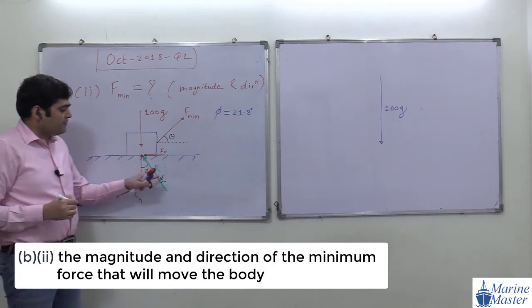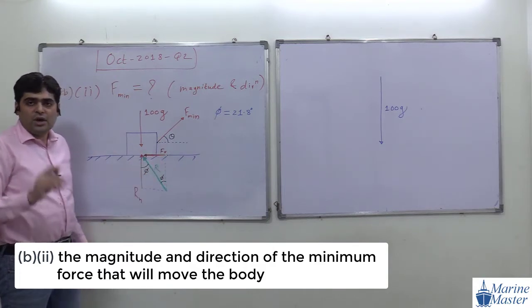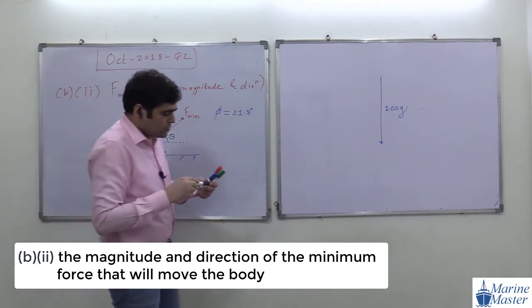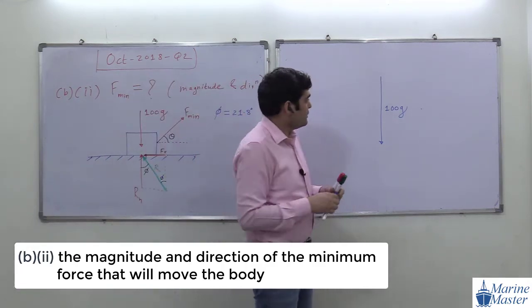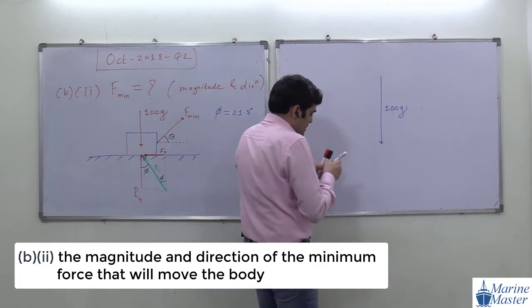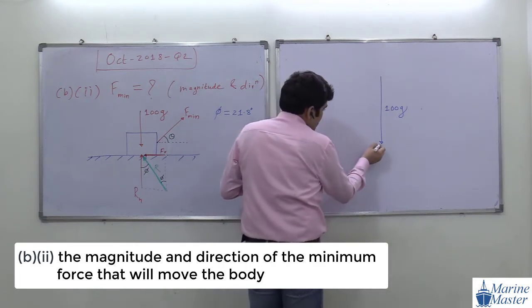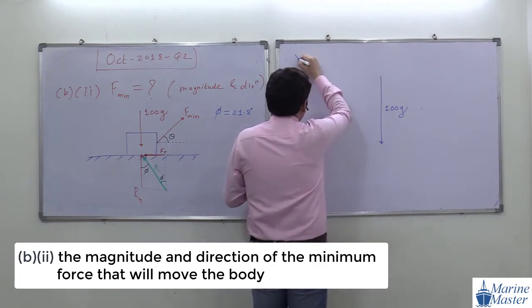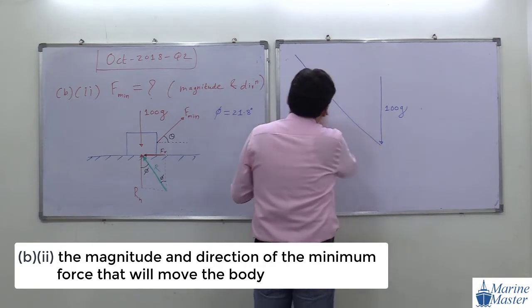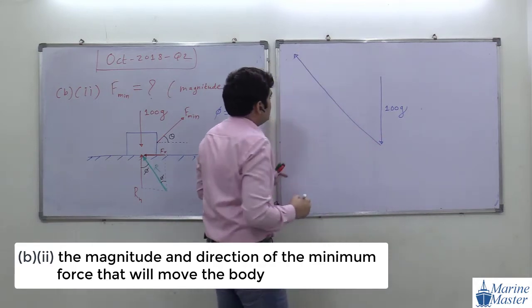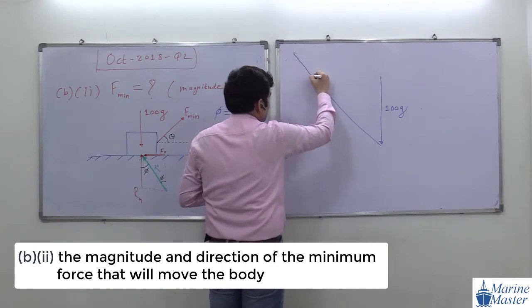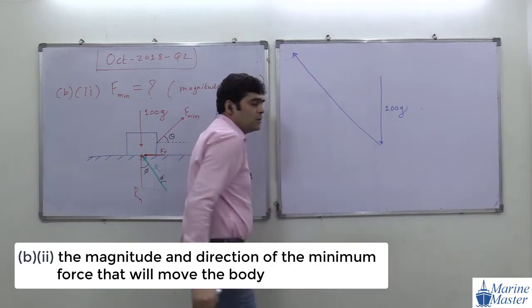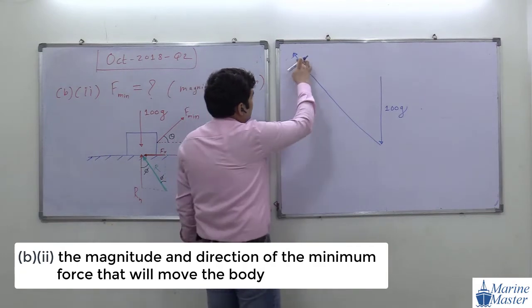So R can be anywhere. It means we can end R here, or we can take R up to this point also. So this is the direction of R.